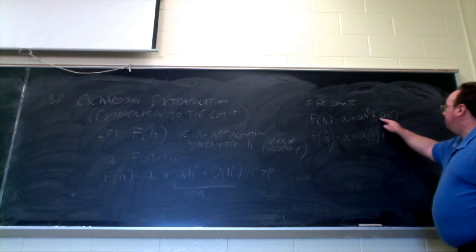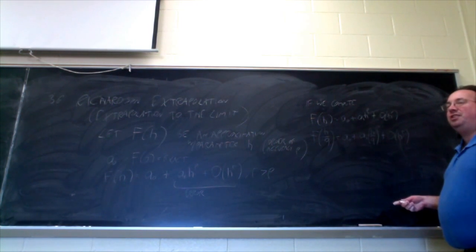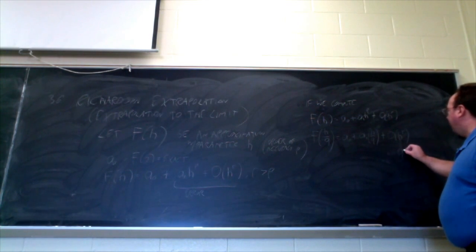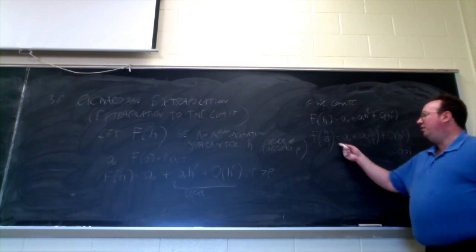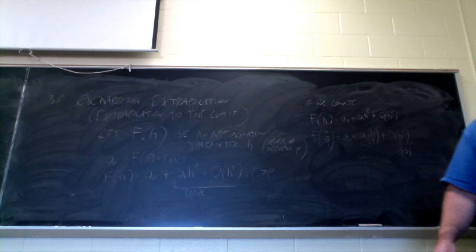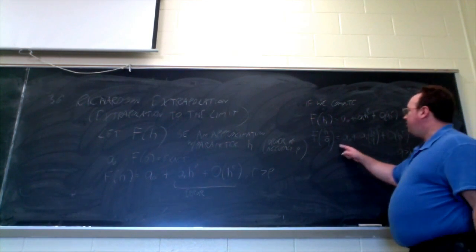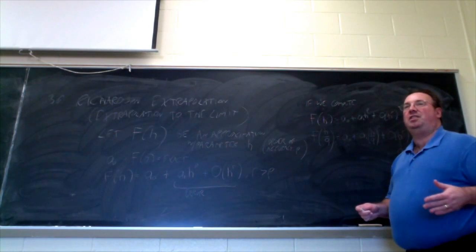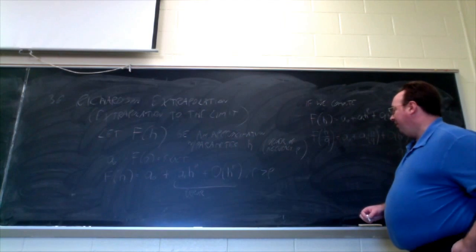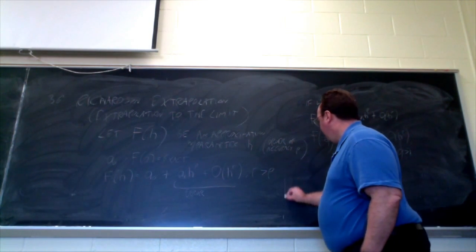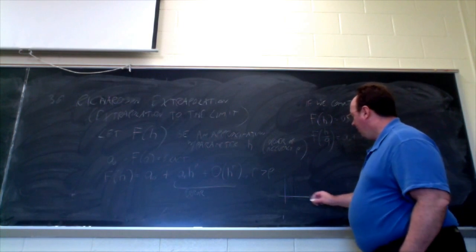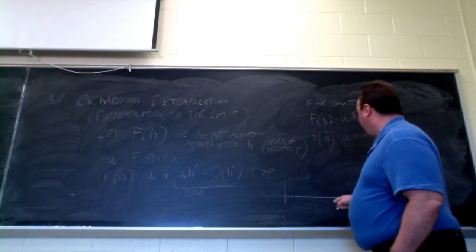So what I'd like to do is use this extra information, because obviously we're assuming that q is greater than 1 at least. So by reducing h at all, obviously this is a more accurate approximation. But what I'd like to do is use these two approximations together to get an even more accurate approximation. So the idea is if you were to plot your approximations as functions of h.